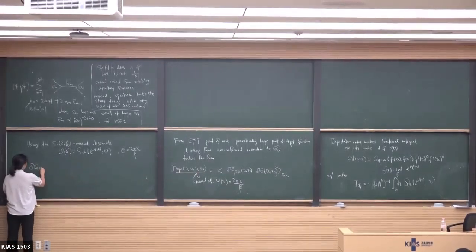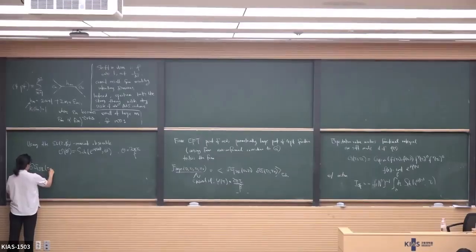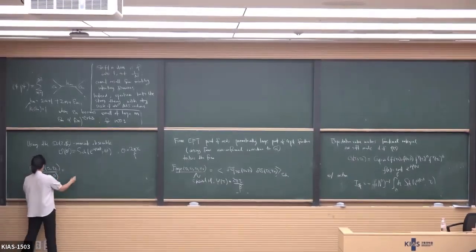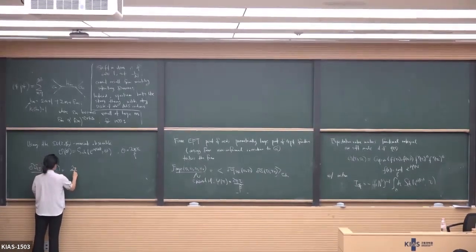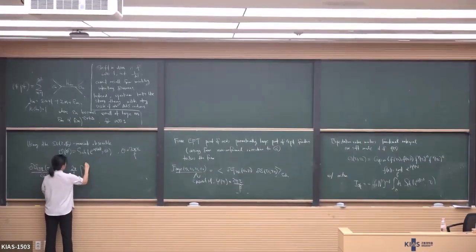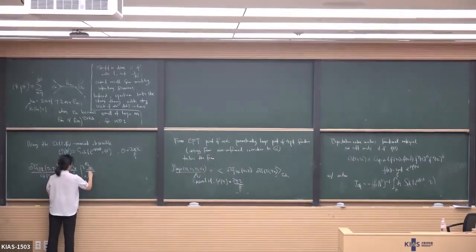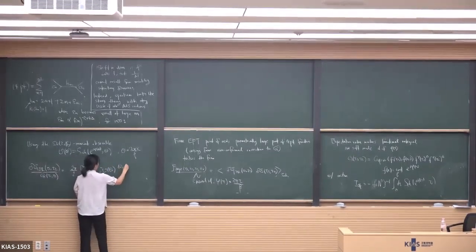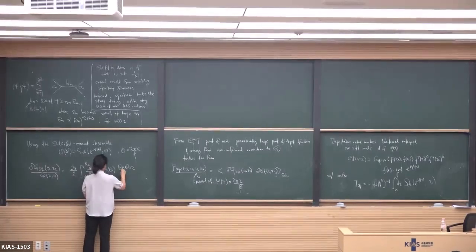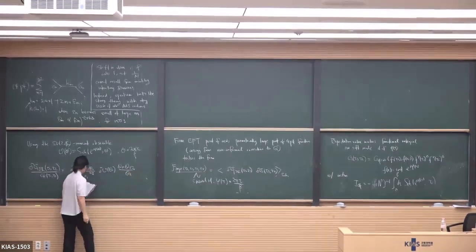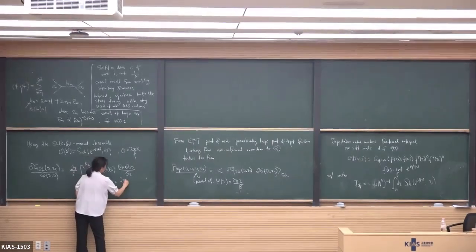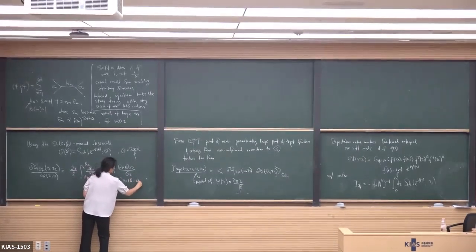It's a nice exercise to express the perturbation of the Green's function as follows, where theta ij is 2 sine of (theta i minus theta j) over 2.